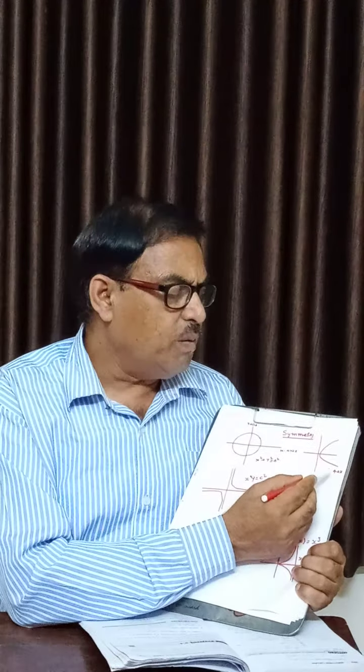First of all, symmetry about the x-axis. See the equation of the curve. If all the powers of y existing in the curve are even, then the curve will be symmetrical about the x-axis. See the example here: the curve y square is equal to 4ax, a parabola, a simple curve.